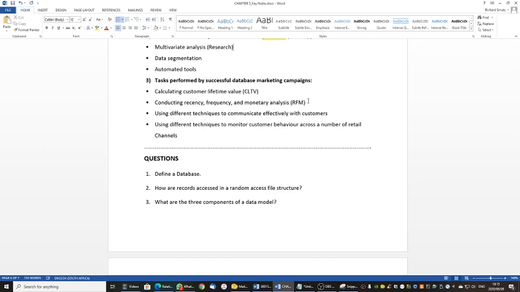Using different techniques to communicate effectively with customers and monitoring customer behavior across retail channels so that we can sell better and provide better for our customer. So not only are we talking about the components of the database, we are talking about the marketing aspect and the value of the database.